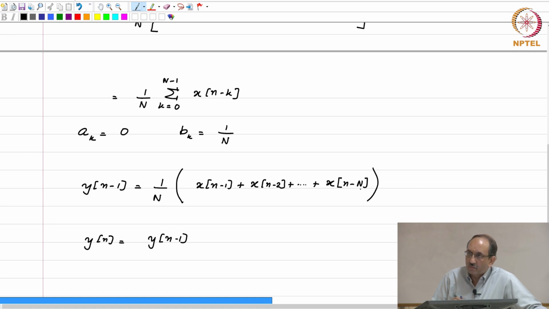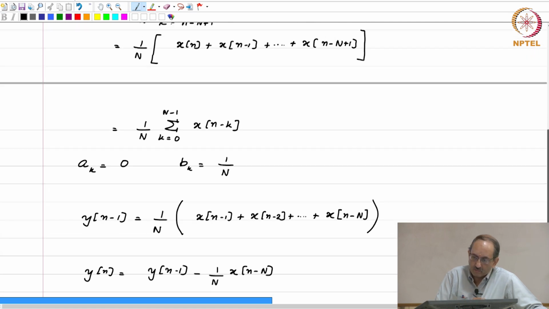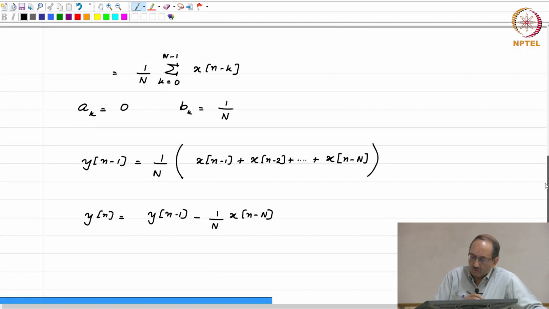Therefore, we need to get rid of this extra term. So, you can subtract 1 over N x of n minus capital N, but what is missing is the very first term, that is 1 over N x of n. So, we need to put that back in. So, this is plus 1 over N x of n.